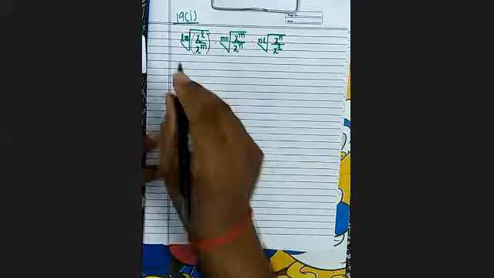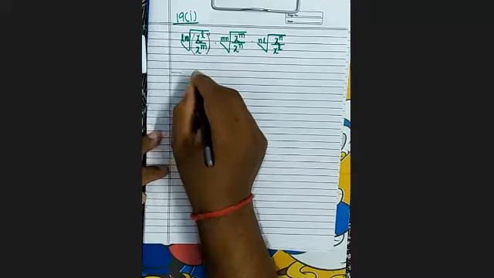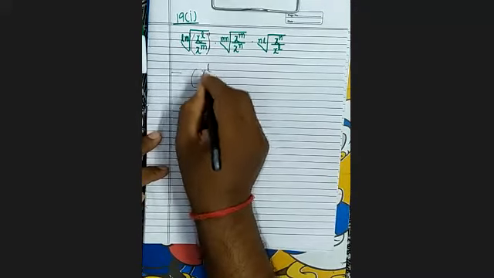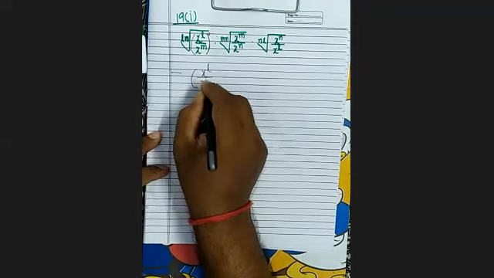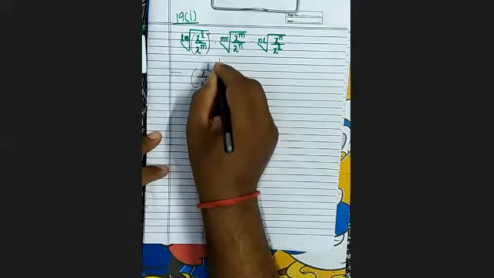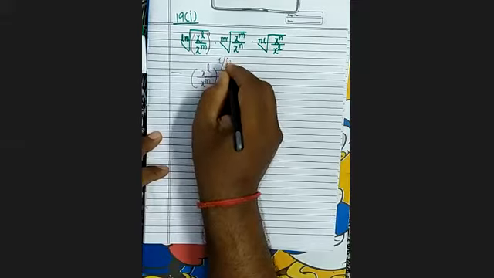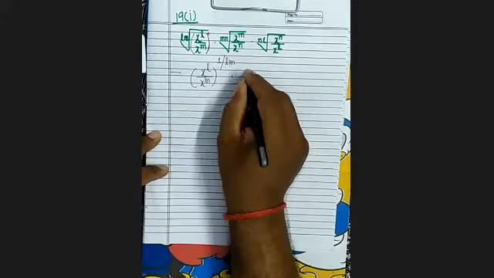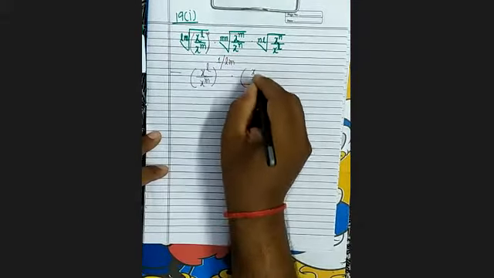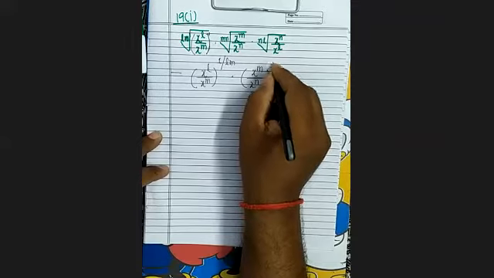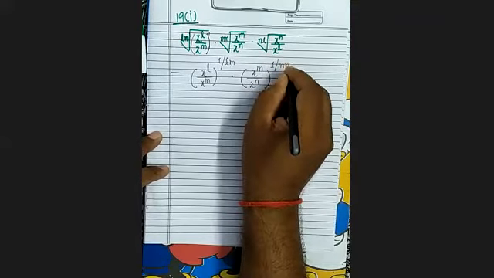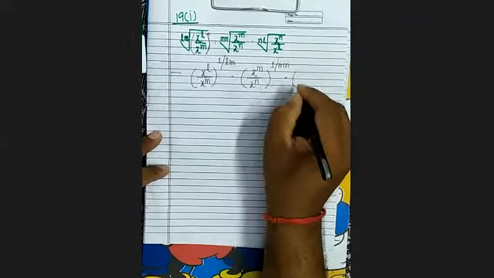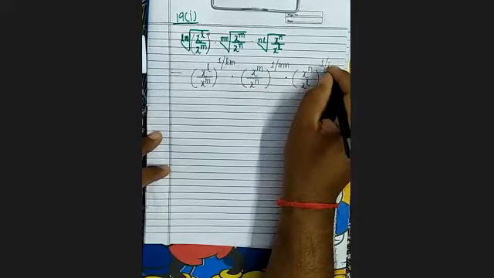So it will go in the denominator, means it will become x to the power L upon x to the power M, whole to the power 1 upon LM, into x to the power M upon x to the power N, whole to the power 1 upon MN, and this is whole to the power 1 upon NL.